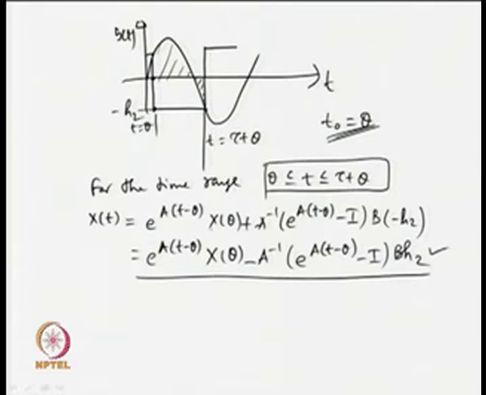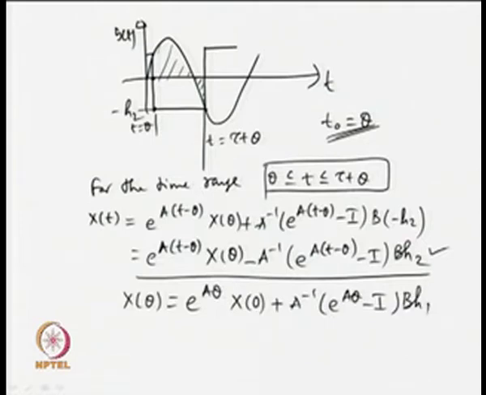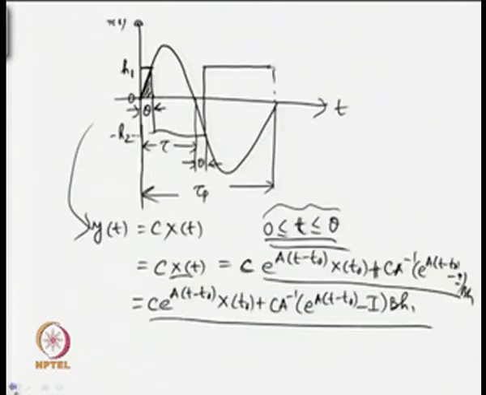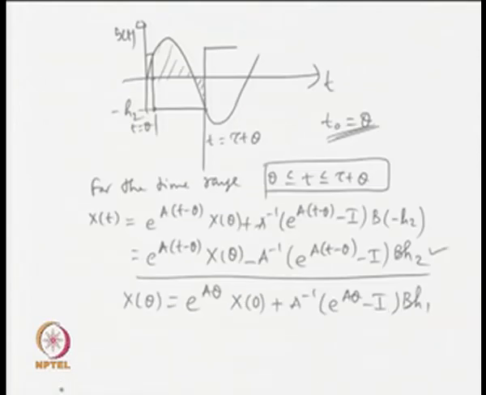But x(θ), again we know that x(θ) is equal to e^{Aθ} x(0) plus A^{-1} (e^{Aθ} - I) B h1. How do you get this one? This can easily be obtained if you substitute t = θ here. So, when t = θ is substituted over here and t0 = 0, one obtains x(θ) conveniently.